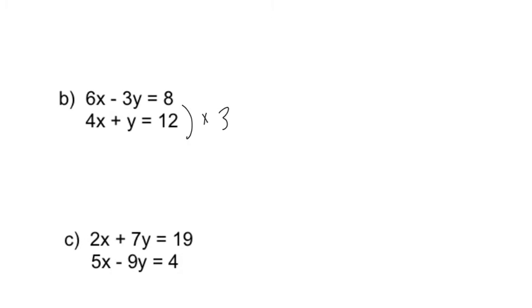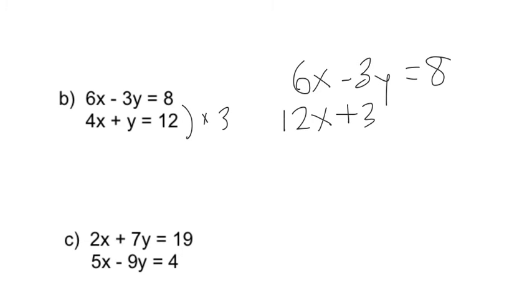So the first equation stays the same, 6x minus 3y equals 8. The second equation, if I multiply everything by 3, becomes 12x plus 3y equals 36. And once again, I know that I've chosen wisely here because I have the same number, this time in front of the y's.